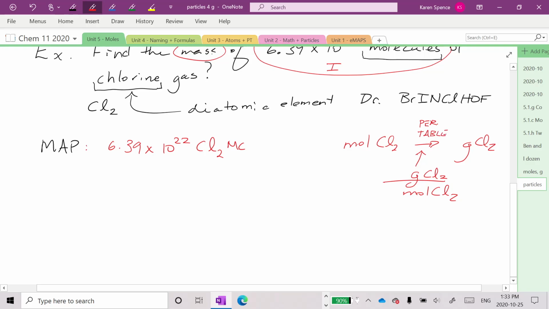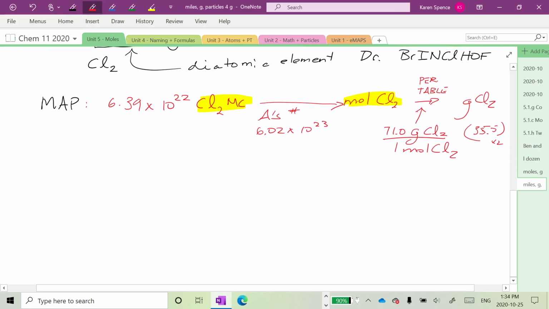So in this case, chlorine is 35.5, but we have 2 of them, times 2, and so that's going to be 71.0 grams per mole. Are we able to go from chlorine molecules to moles of chlorine? Yup, we know how to go between molecules and moles. We use Avogadro's number, which is 6.02 times 10 to the 23.